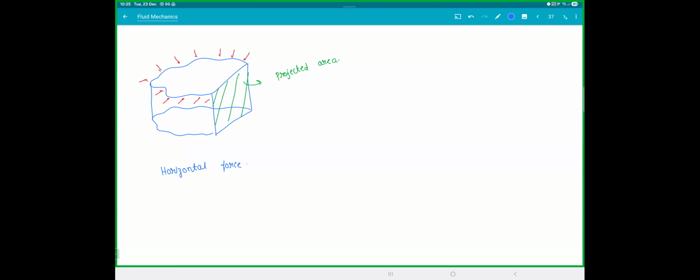So the horizontal force on that curved surface must be the pressure at the center of mass of the projected area. So take the projected area, take its center of mass, take the pressure there, into the area of the projected area.